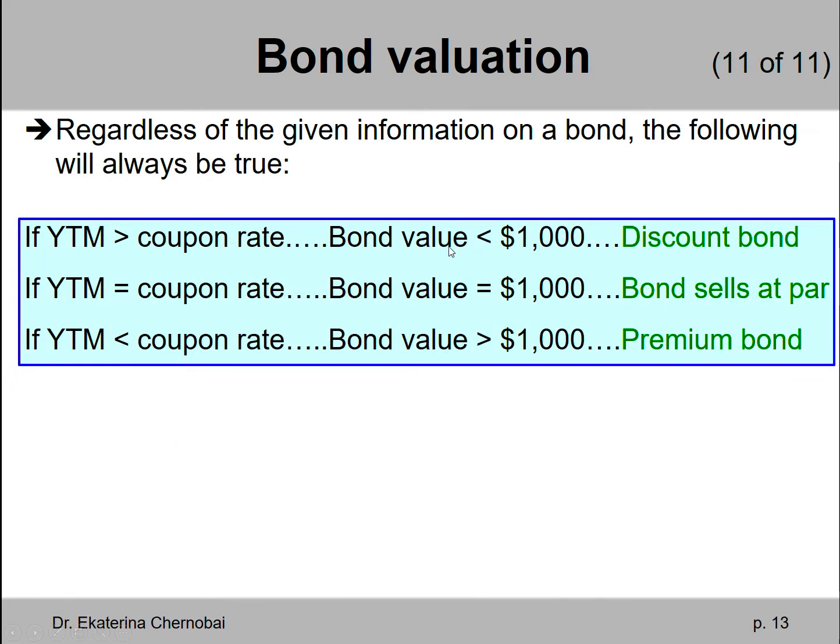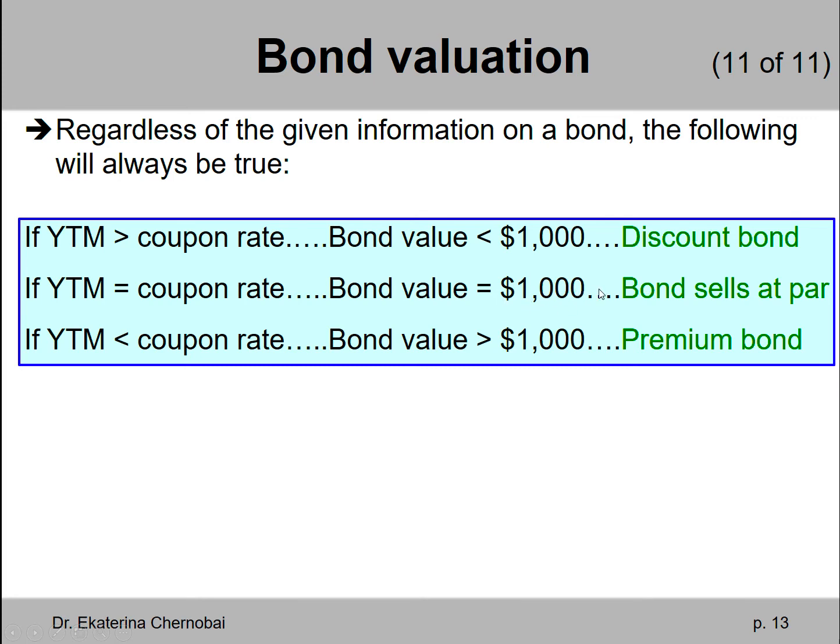And just to repeat again, whenever the yield to maturity or IY, like the discount rate, is above the coupon rate, you're always going to get the bond value below $1,000. That's a discount bond. If the yield to maturity and the coupon rate are the same percentage, you will always be getting $1,000.